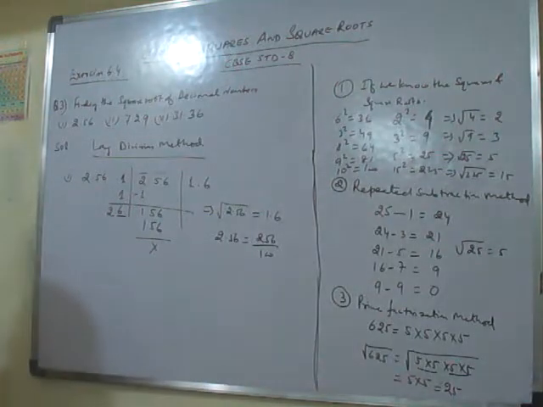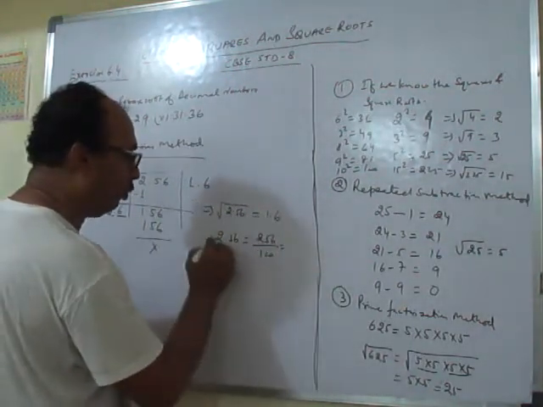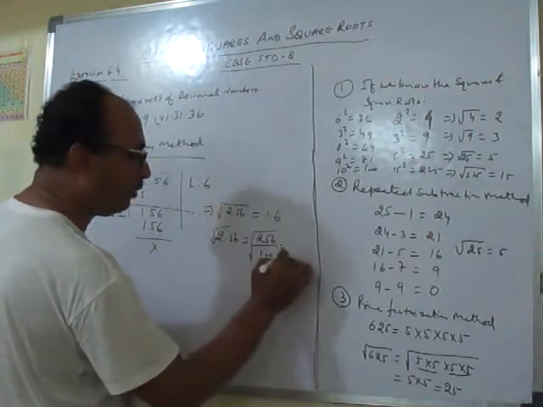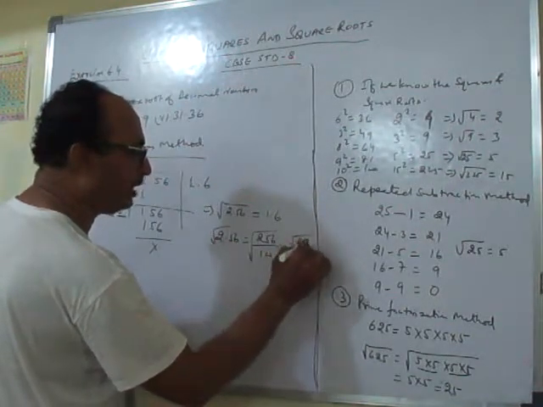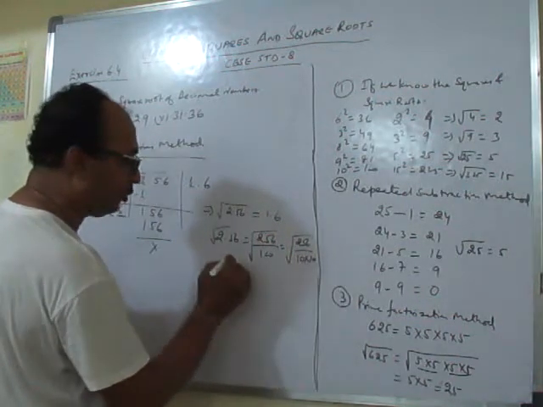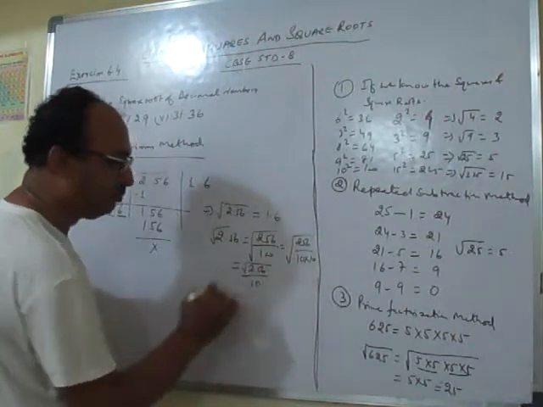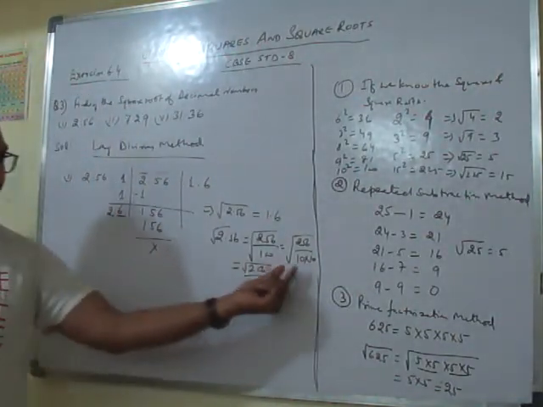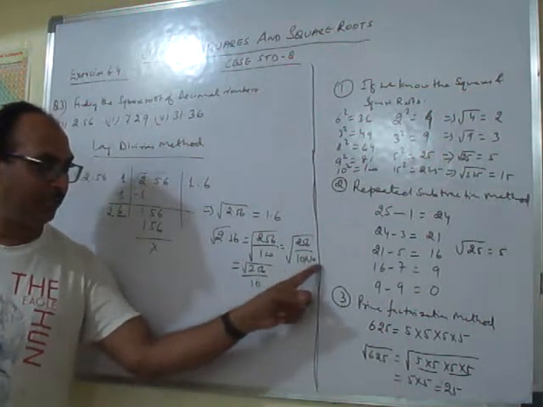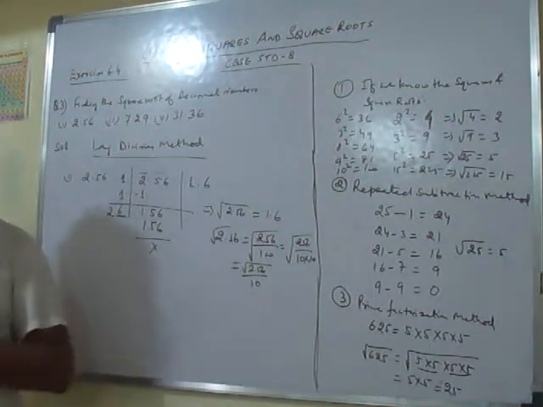Then if you are finding the square root, the square root of 256, and for 100 you already know it is 10 into 10. So you can write it as the square root of 256 by 10, because by prime factorization, 2 tens are there, so 1 ten will come out automatically.